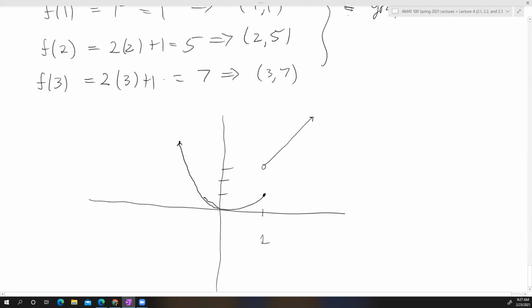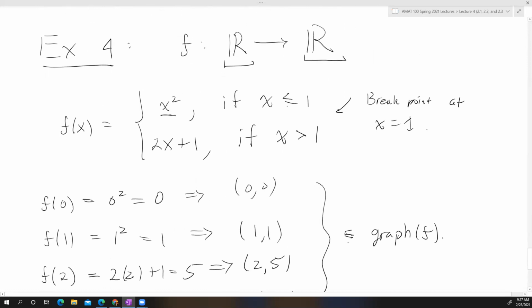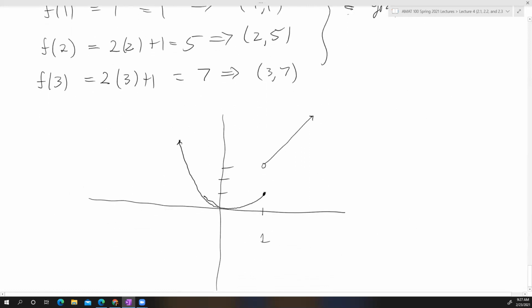So it makes sense that for x less than 1, the graph should look like a parabola. And the graph should look exactly like a parabola at x equals 1, because when x equals 1, you're still evaluating it according to x squared. So it's going to still look like a parabola at that point. That's why we have this solid circle right here.